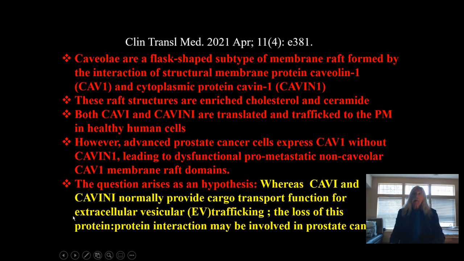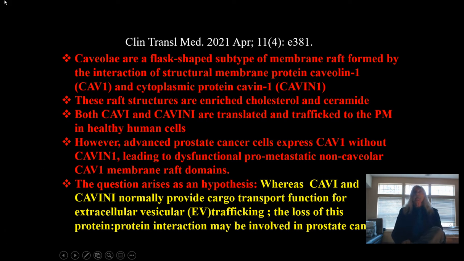It's a cytoplasmic protein, cavin-1. So you have CAV1, cavin-1. One's typically in the membrane, that's CAV1, and the other one is in the cytoplasm, but still interacts, okay? So I'm sorry about the way the nomenclature can be a little bit tricky at times, but that's how it is.